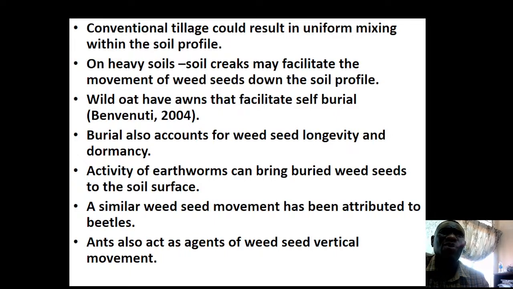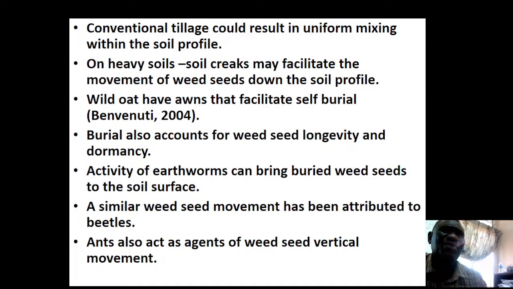Burial also accounts for the weed seed longevity and dormancy, which we will talk about. We have talked about weed seed longevity. We also have the activity of earthworms, which can bring buried weed seeds to the soil surface, but these are very short distances, happening in situ in the same field.